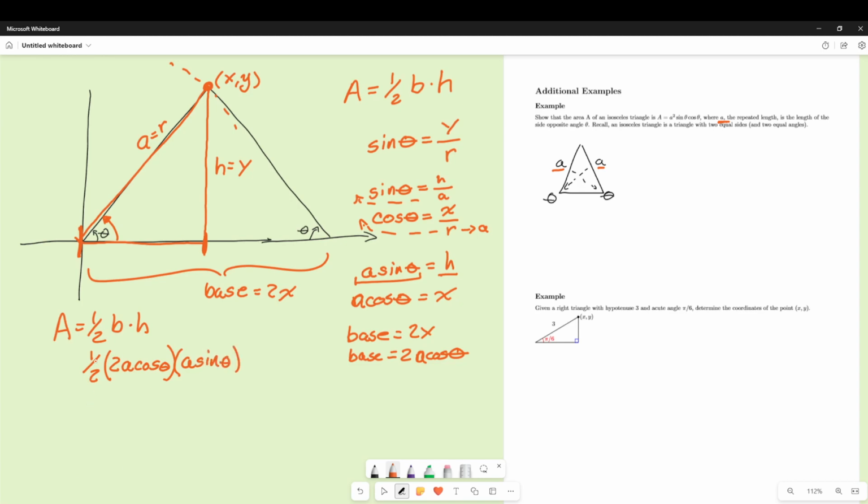And then if we simplify that, the 1/2 times the 2 goes away. The a times the a becomes an a squared, cosine theta times sine theta. Which is what they have up here. They wrote the sine first, and that's fine. Multiplication is commutative, so write it in any order we want. Not necessary, but good to notice.